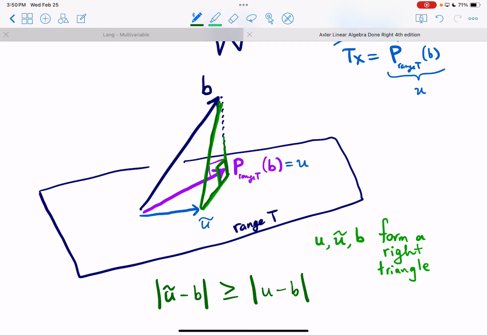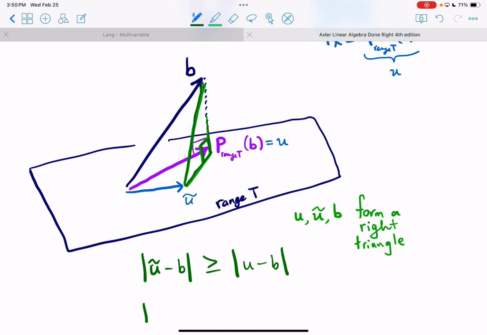Our data has noise, it's not in the range. Let's find the closest vector in the range to b. And why is it closest? Well, because this is a right triangle. So the norm of u tilde minus b squared is the hypotenuse. By Pythagoras, we get the norm of u tilde minus u squared plus the norm of u minus b squared.